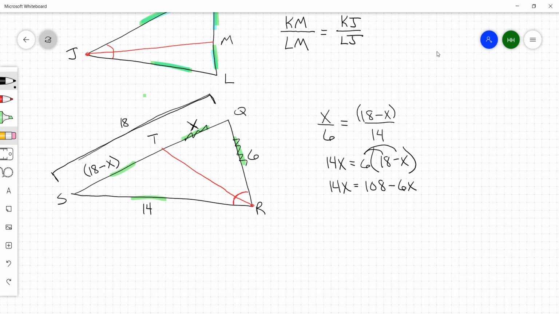Everybody see that set up? All right, so now we're going to add 6X to each side. And we get 20X equals 108, and we can divide by 20.